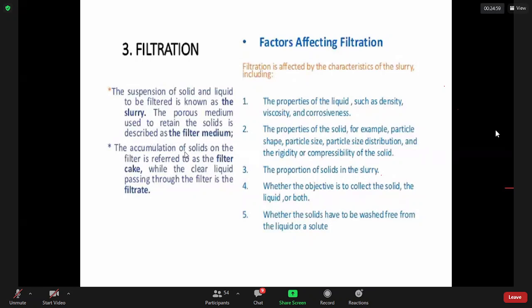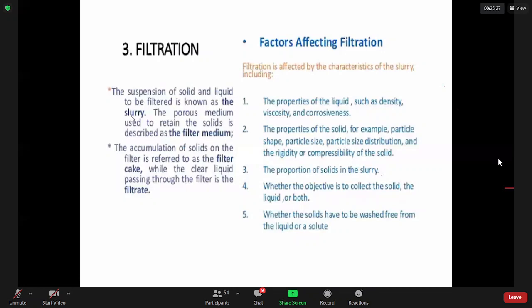The accumulation of solids on the filter is referred to as the filter cake, while the clear liquid passing through the filter medium is known as the filtrate.